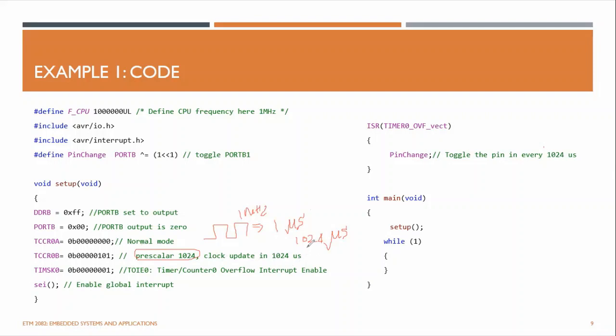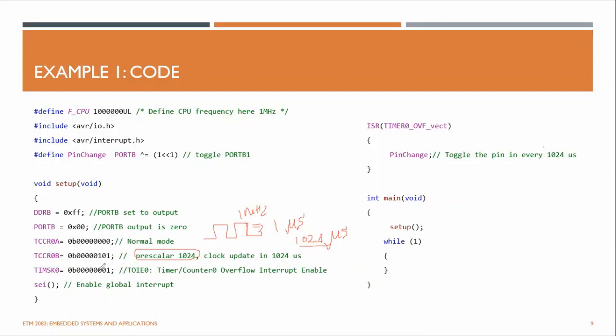So after reaching 1024 pulses of your CPU clock, the timer will be updated by 1. So in every 1024 microseconds, timer 0 will be updated by 1.